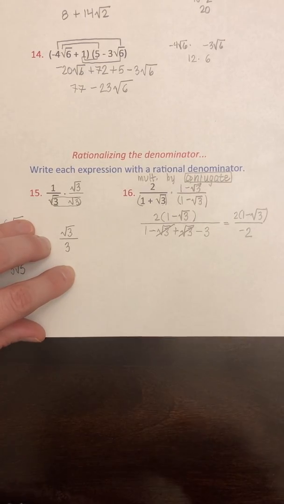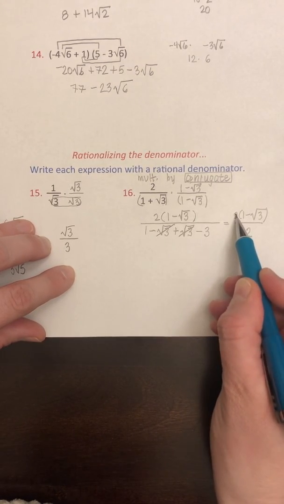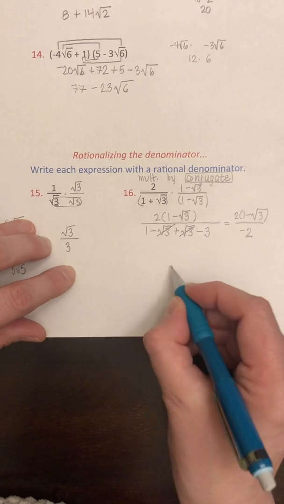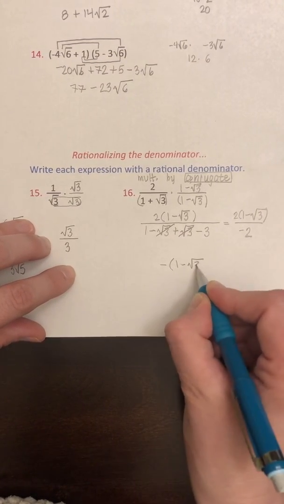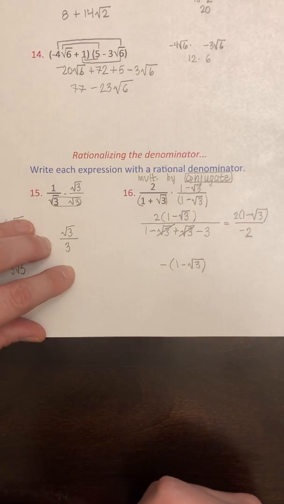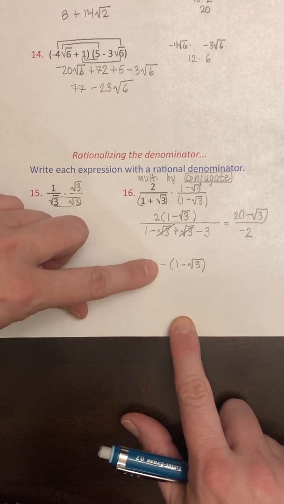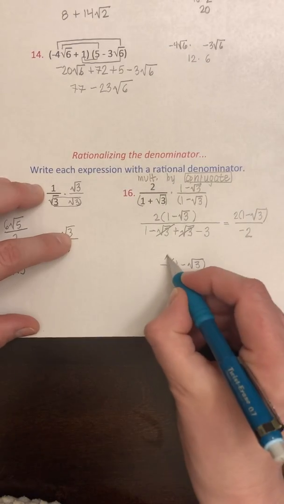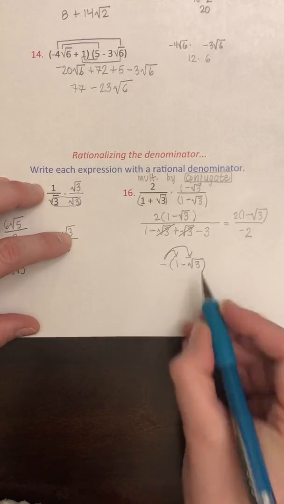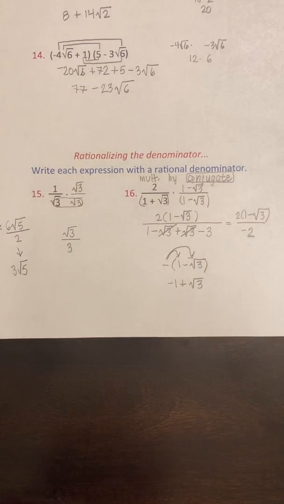In this case, we're lucky because we can, because these numbers we can reduce. 2 divided by negative 2 is going to give us a negative 1 that we would then distribute to the 1 minus the square root of 3. So again, 2 divided by negative 2, that's where I'm getting that negative 1. I didn't write the 1, it's understood to be there. And now the last thing that I'm going to do is just distribute that negative. So I have negative 1 plus the square root of 3, and that's my final answer for number 16.